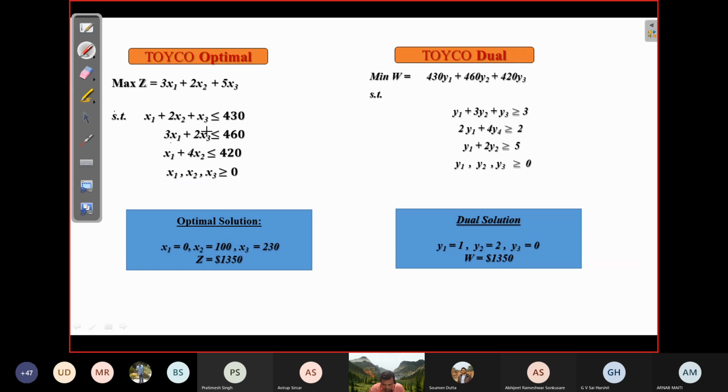If you recall this example, this was the Toyco example, and if we apply the simplex method, this is in standard form, so we can apply simplex and we get this optimal solution, which tells us that you should produce 100 units of toy trucks and 230 units of toy cars to achieve the maximum profit, and you should not produce any toy trains. X1 is 0.